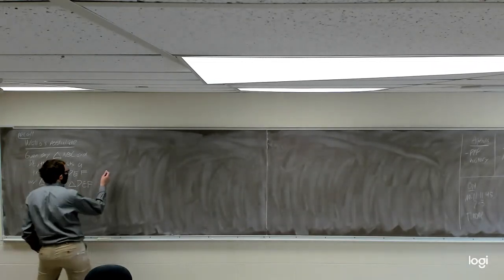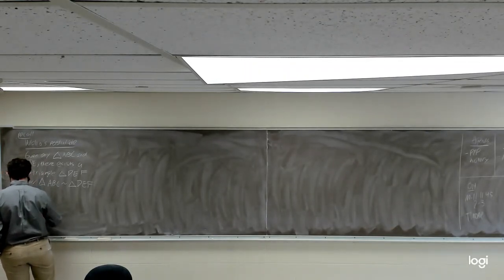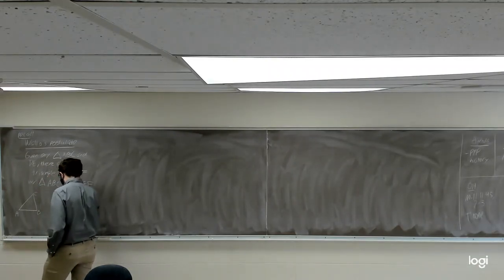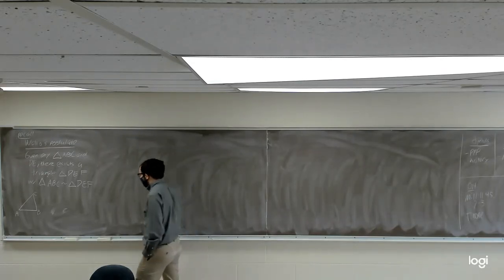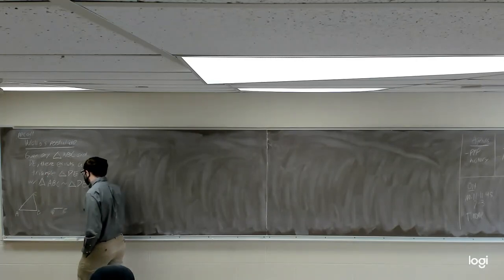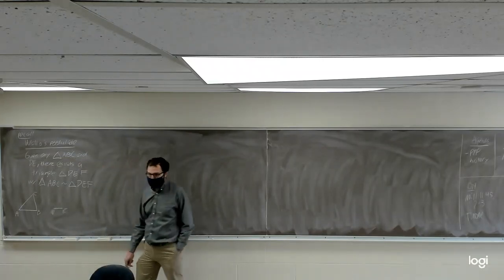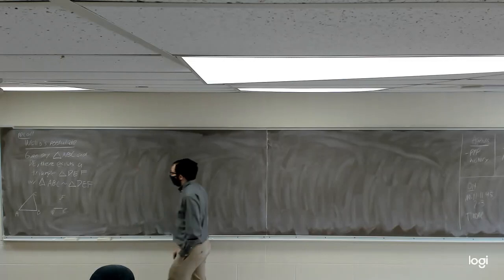Our picture for this was: here's a triangle ABC, and here's some other segment DE. According to this postulate, if it's true, we should be able to construct a new triangle, one of whose sides is DE, that's similar to the original one. So it probably looks something like that, with point F being here.